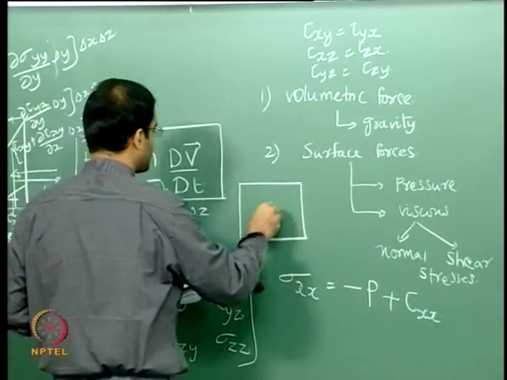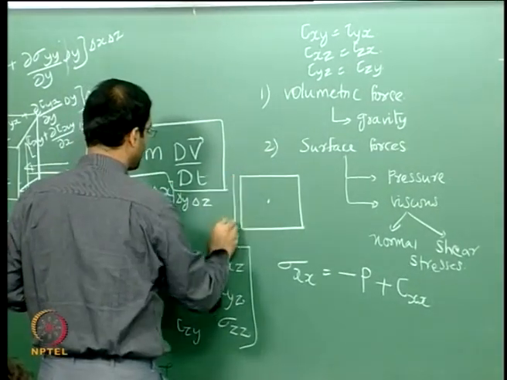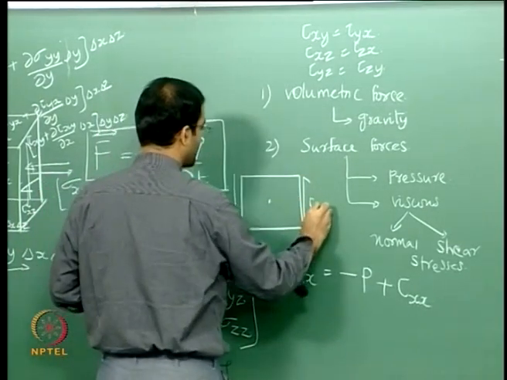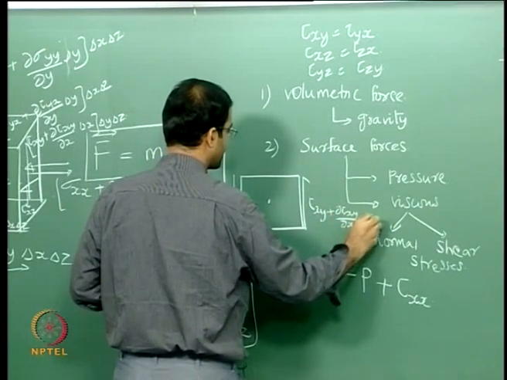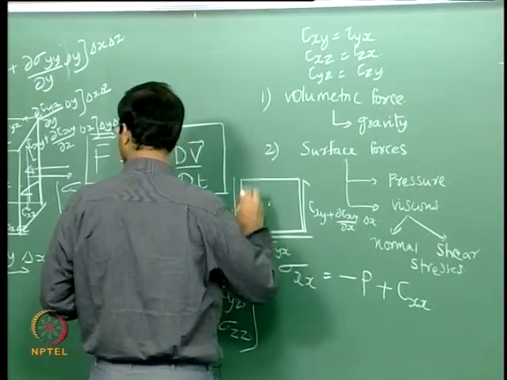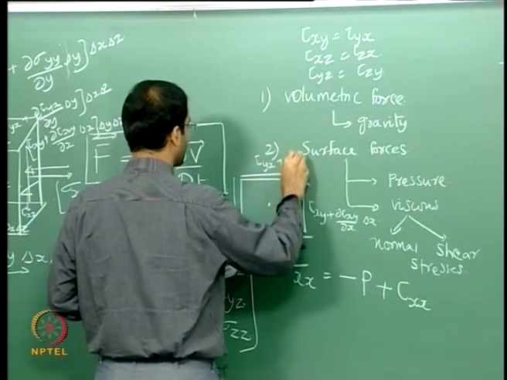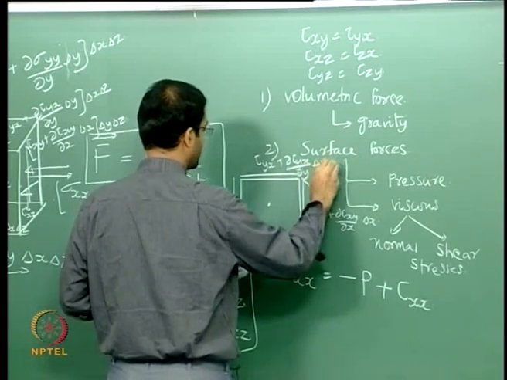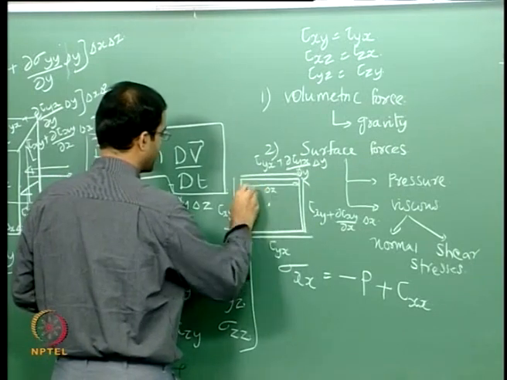Okay, you can balance the forces, and you can see for yourself that, for example, in this case you have tau xy acting here, you have tau xy plus d tau xy by dx into delta x, and at the bottom you have tau yx, and here you have tau yx plus d tau yx by dy into delta y. Now, the dimensions of this are delta x and delta y.